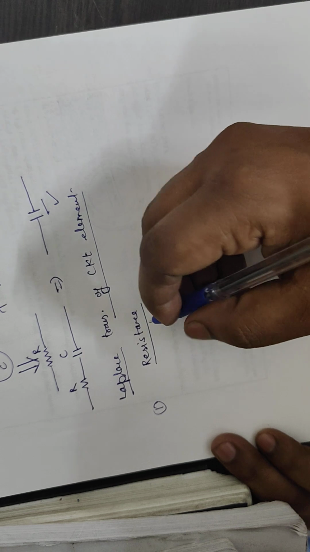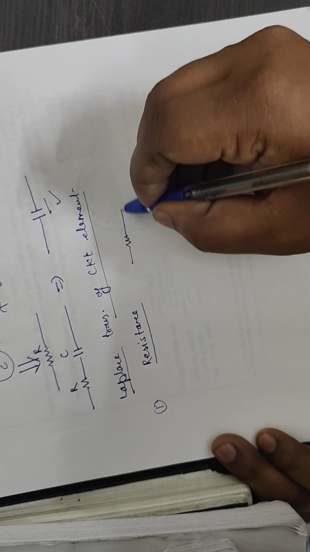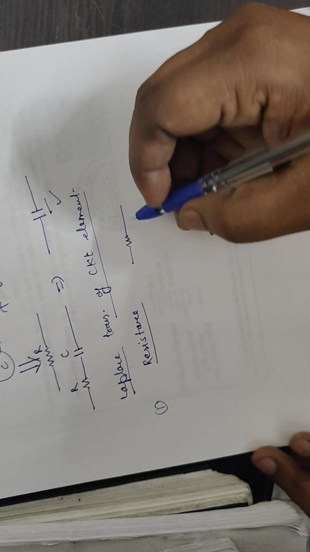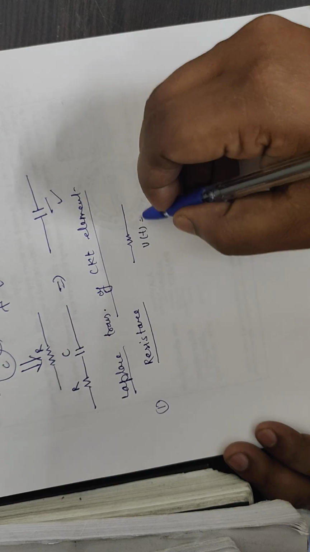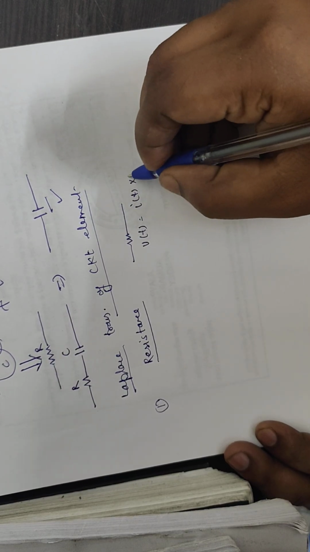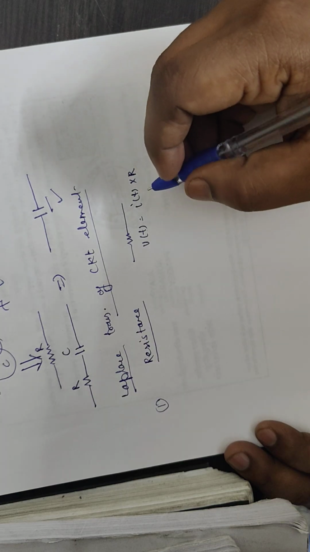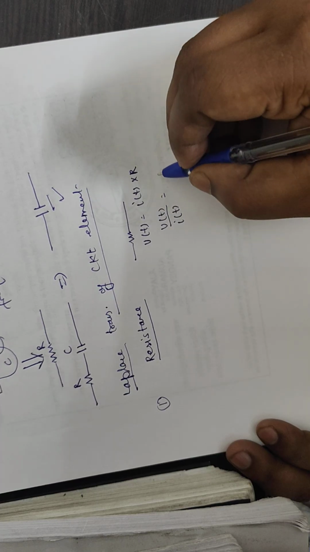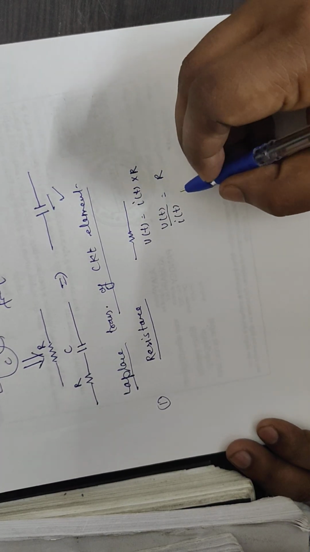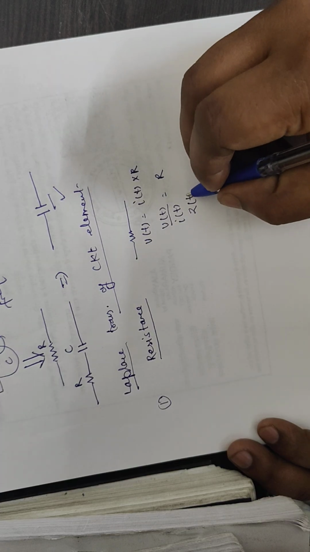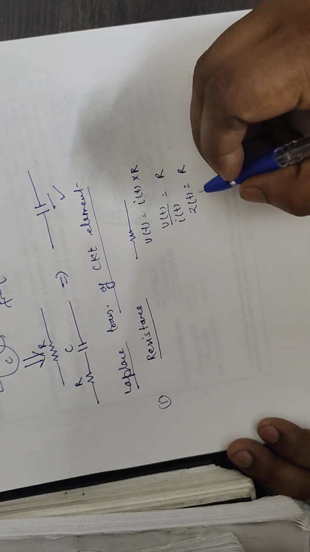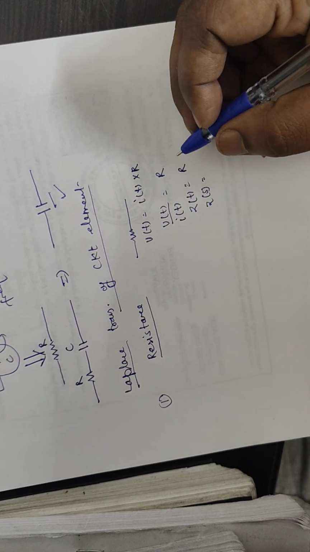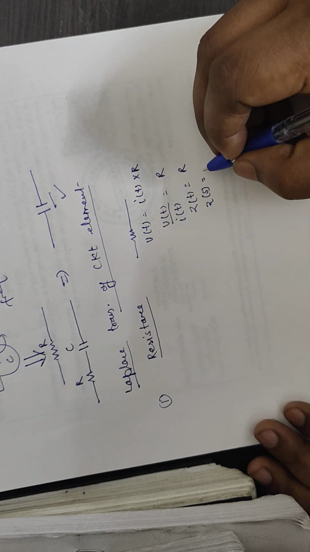First, the resistance. If one resistance is there and we calculate the Laplace of the resistance, what will happen? V of t is I of t into R, so V of t upon I of t equals R. So Z of t is R. If we take the Laplace, Z of s, there is no frequency change in that, so there is no change in the resistor.